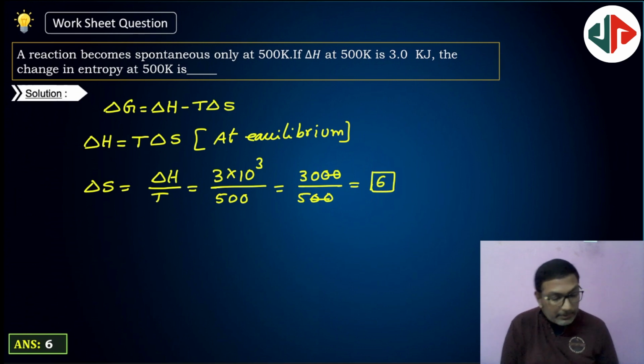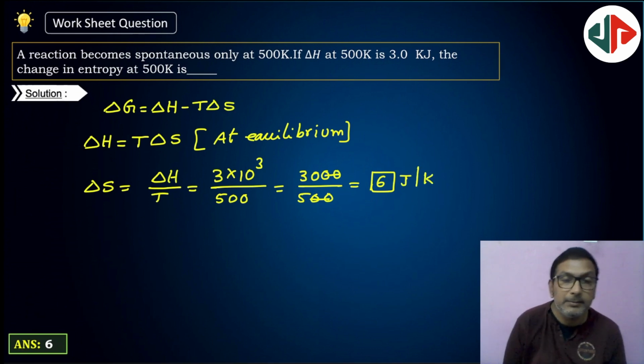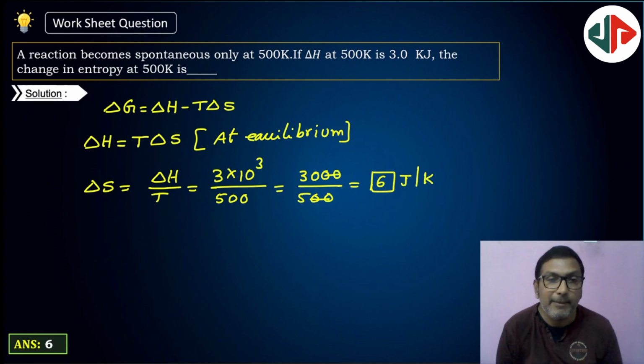So the answer is 6, in joules per Kelvin. Simple question only. Entropy change delta S equals delta H by T. Next question.